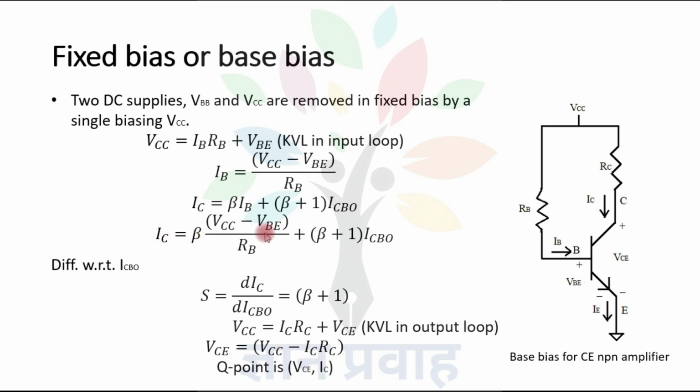The merit of the fixed bias or base bias circuit is that it is quite easy to calculate the stability factor, but the main limitation is that the stability factor is large. This cannot be used for proper biasing of the amplifier circuit.